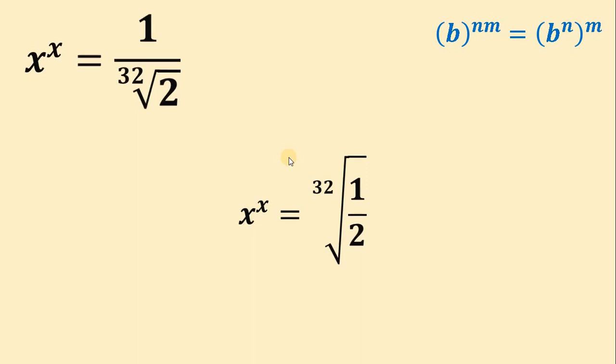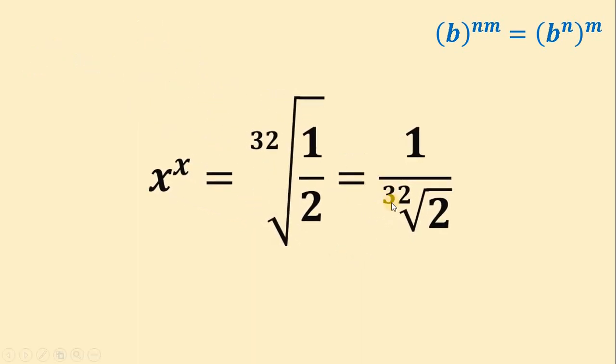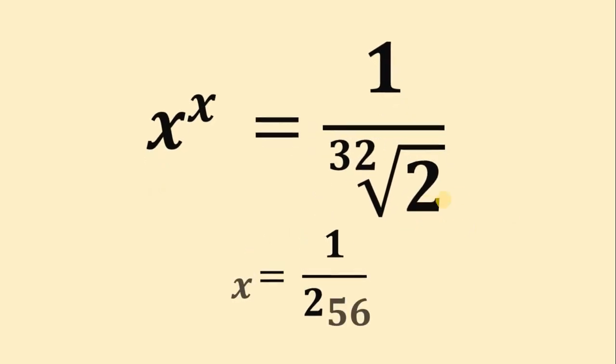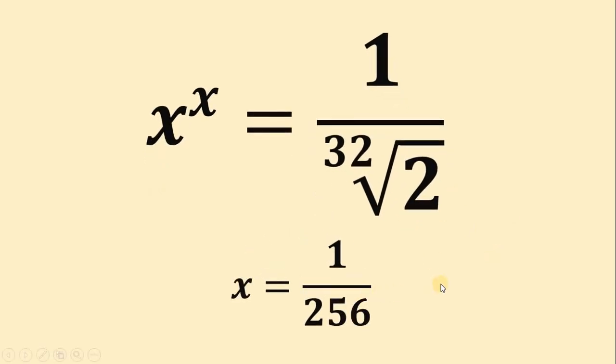Or simply, this is equivalent to 1 over the 32nd root of 2. Therefore, we double-checked our answer, and the answer to this question is 1 over 256. And as always, we are done.